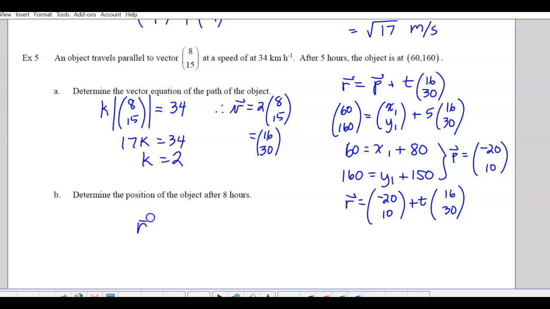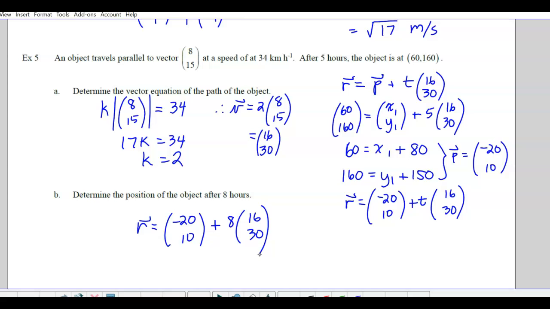But because I have, I'm going to use it. Yeah, if all you're asked, given that information, was the object after 8 hours, that's just going 3 more hours than what you already had from this point. So you could use that.